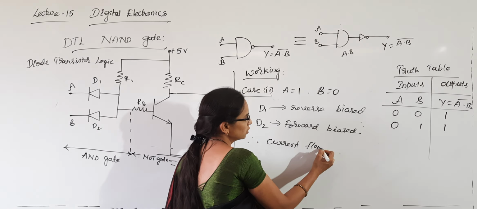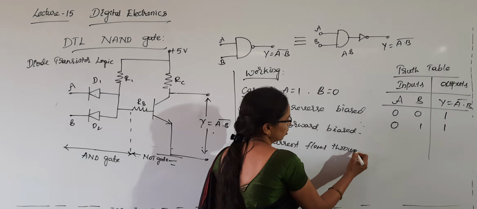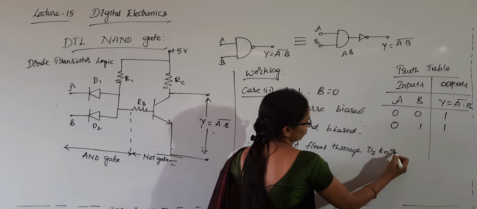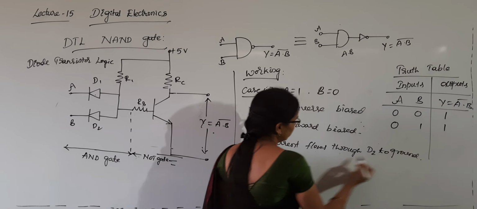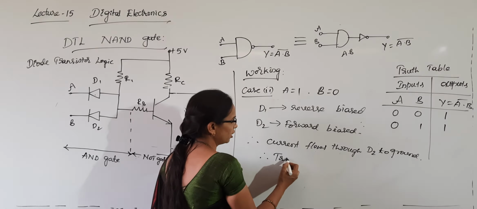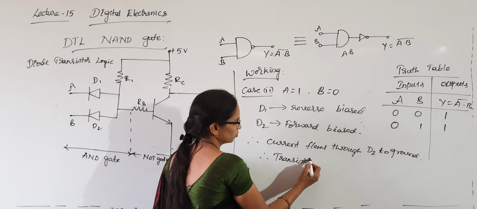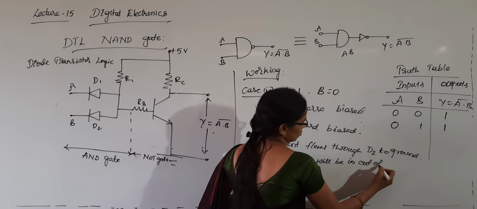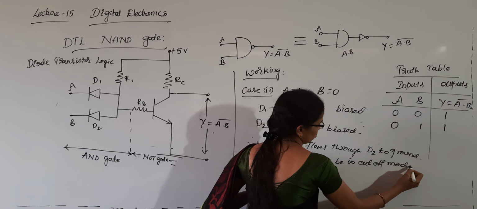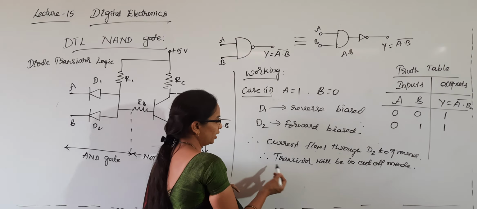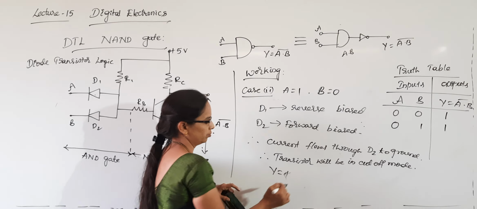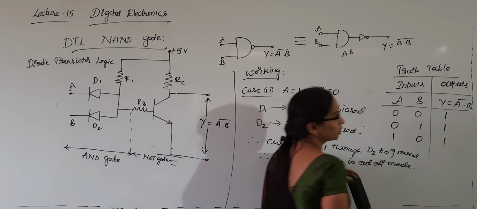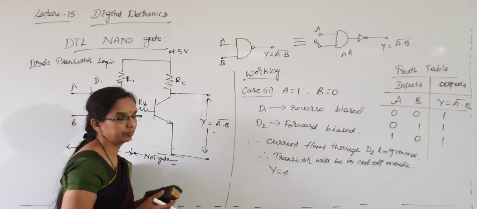Current flows through D2 to ground. Therefore, again the transistor will be in cutoff mode. So, again the output is equal to 1. So, when A is equal to 1, B is equal to 0, then also the output will be 1.